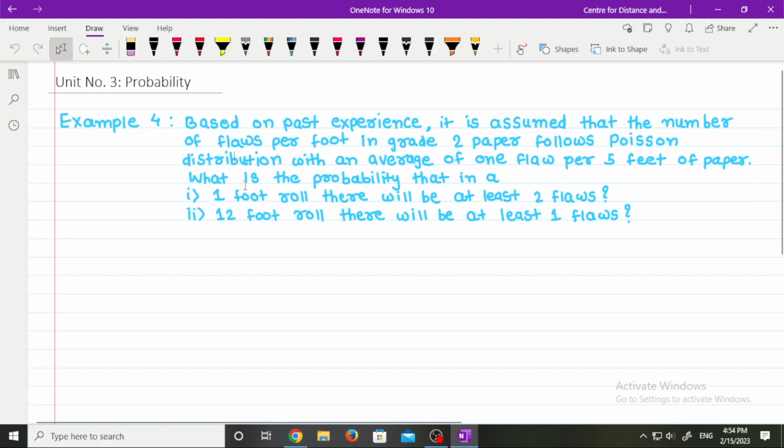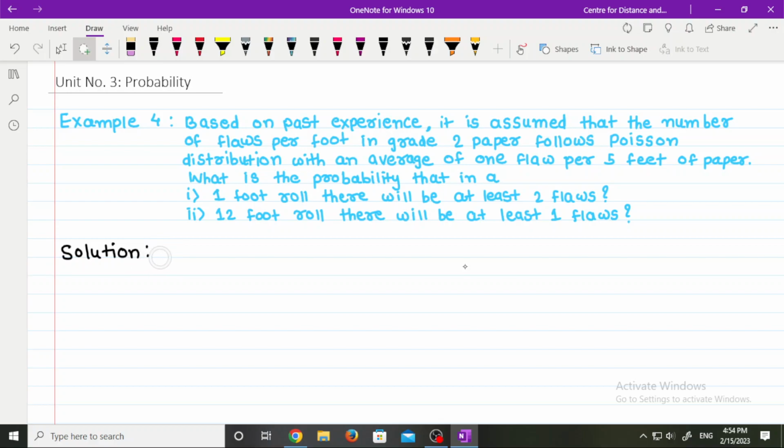Then what is the probability that in a 1 foot roll there will be at least 2 flaws, and second, in a 12 foot roll there will be at least 1 flaw. First, similarly here we have to find out m, that is the mean.